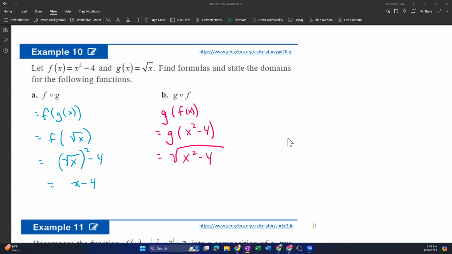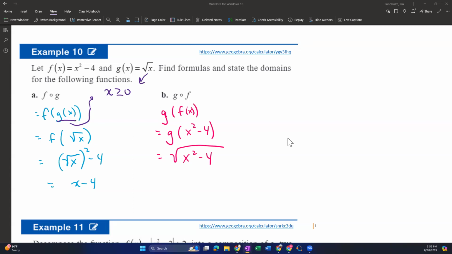I hadn't made a big deal about domains yet, but that's actually something that should be considered, I suppose. For this first function, g of x, let's use purple. For g of x, the implied domain, since we're using the square root of x here, is only positive numbers. x needs to be greater than or equal to 0.